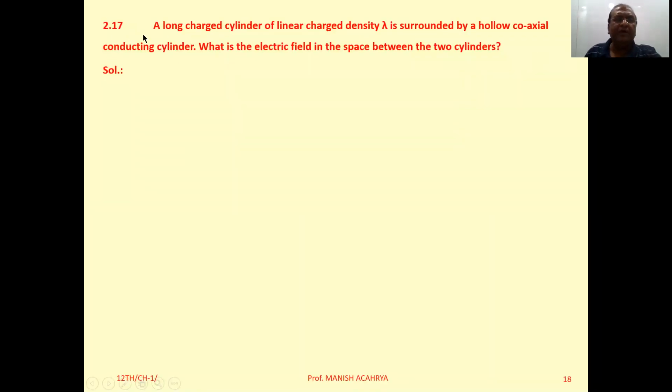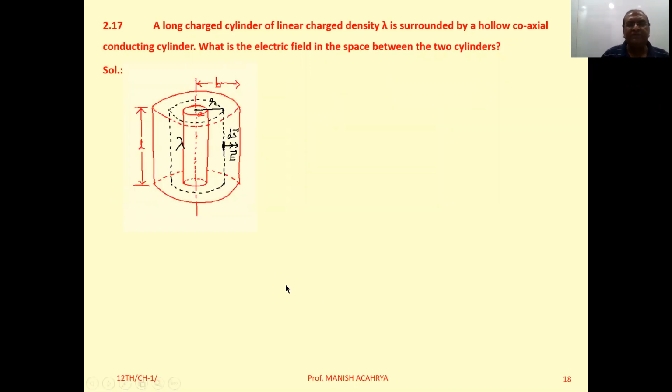Next, example 2.17. A long charged cylinder of linear charge density lambda is surrounded by a hollow coaxial conducting cylinder. What is the electric field in the space between the two cylinders? Now see here, a long charged cylinder of linear charge density lambda is surrounded by a hollow coaxial conducting cylinder.